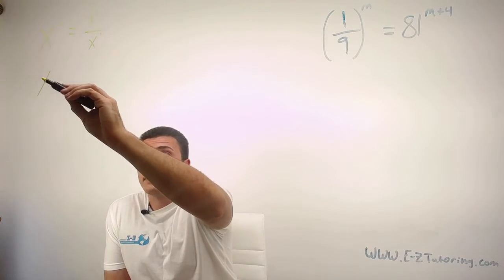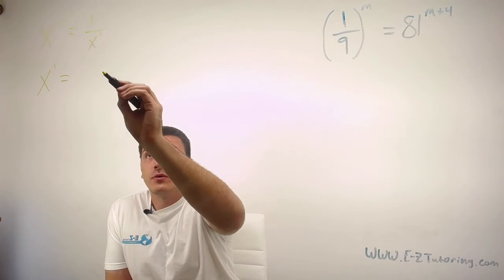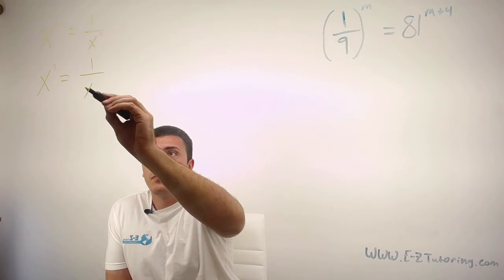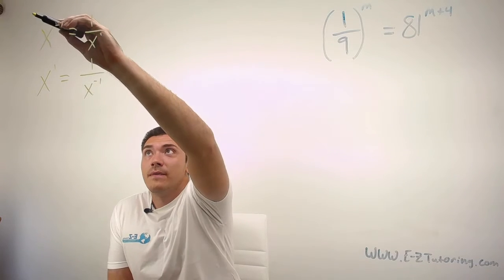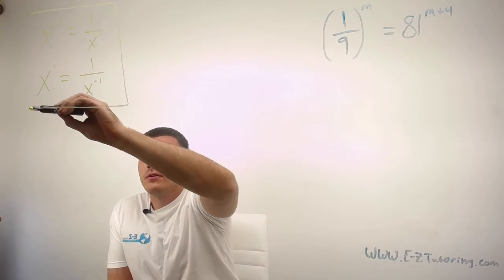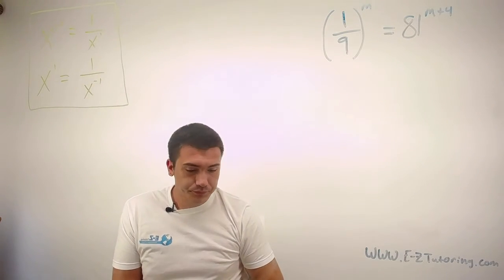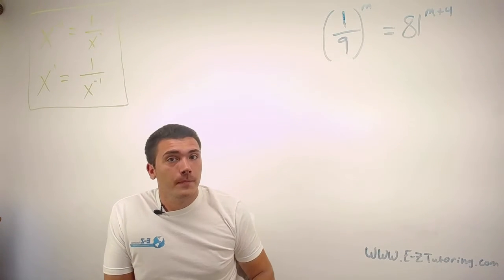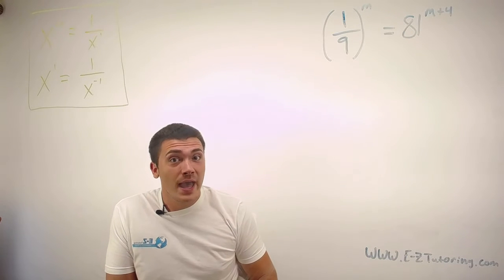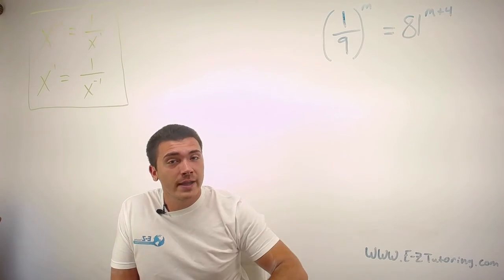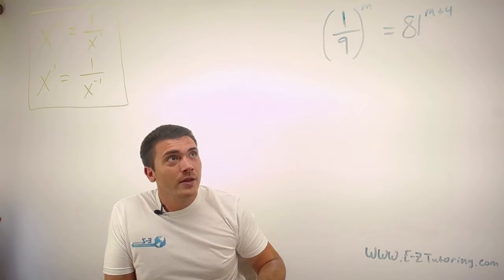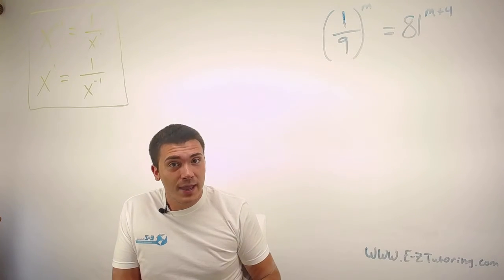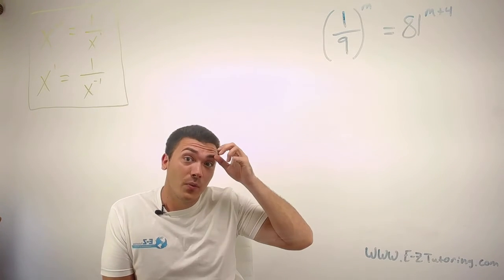If we have x to the +1 and we flip it, we get 1 over x to the -1. This is a very, very important rule to know. So back to this problem. Now we have an idea of how to flip 1/9. We know that if we simply put a negative on the exponent, then we can flip 1/9.